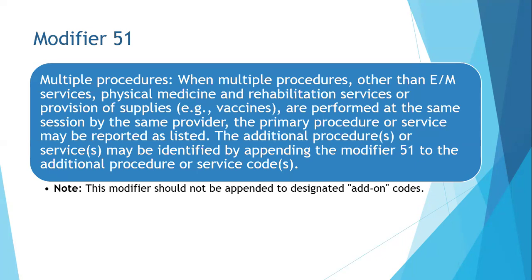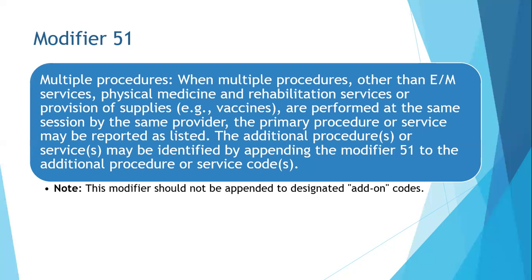So with modifier 51, this is a modifier that I think a lot of people get tripped up on. So multiple procedures. There are some practices or big companies now, the hospitals and such, where they have an edit in their system that automatically appends a modifier 51 to every line below the first claim line.